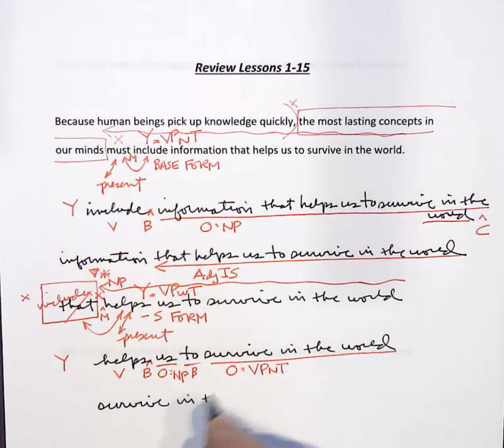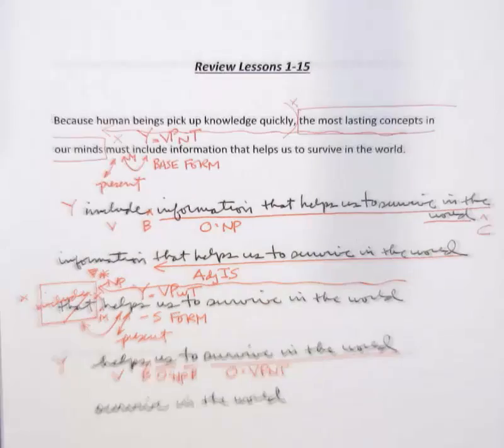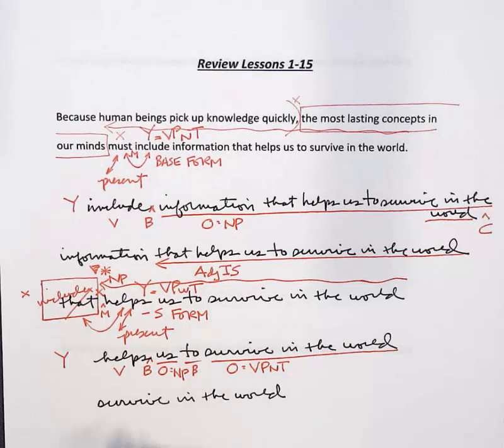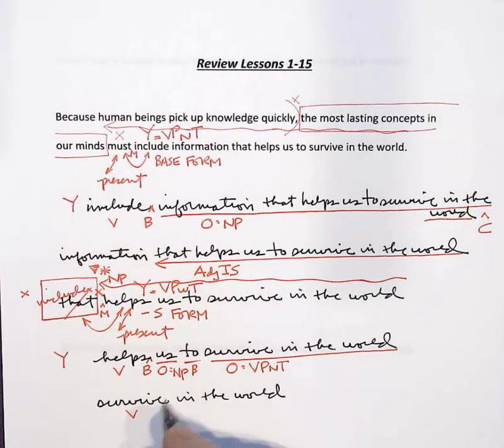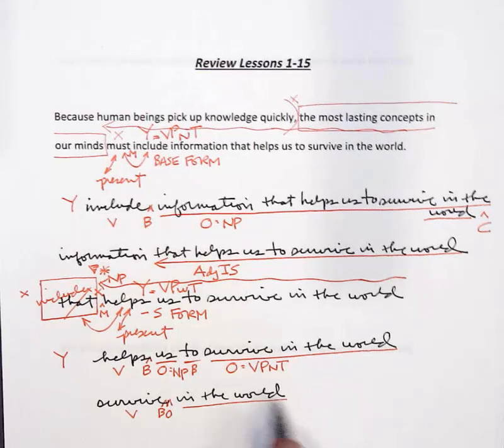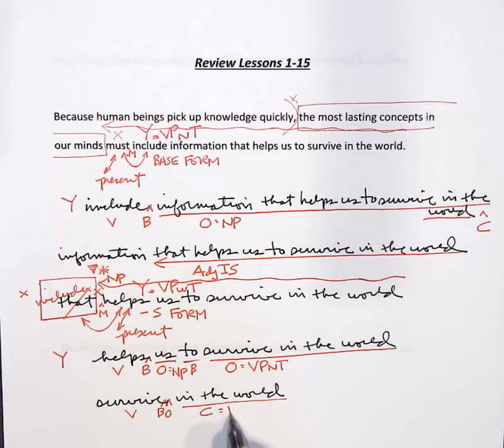Survive in the world, and survive is the verb. The particle place is empty, the object place is empty, and in the world is a complement. It's a prepositional phrase.